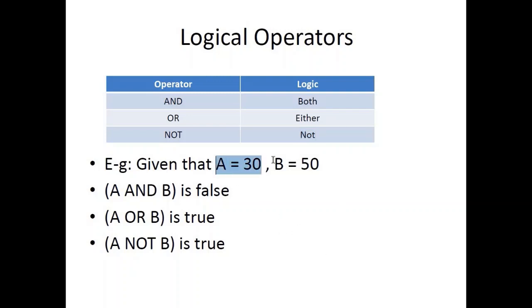For example, if A is 30 and B is 50, then A AND B would be false. A OR B would be true, like either A or B. A NOT B is also true, they both are not same. One is 30 and the other one is 50.